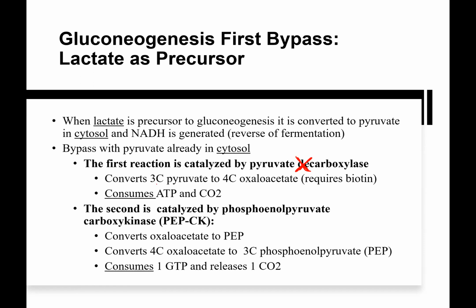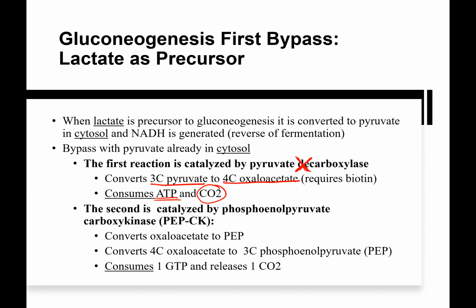So we're taking 3-carbon pyruvate and we're making a 4-carbon oxaloacetate. So we're taking pyruvate and we're adding CO2, okay? Therefore, it consumes CO2 and it just so happens it also consumes ATP. We'll be looking at it in more mechanistic detail in a moment.